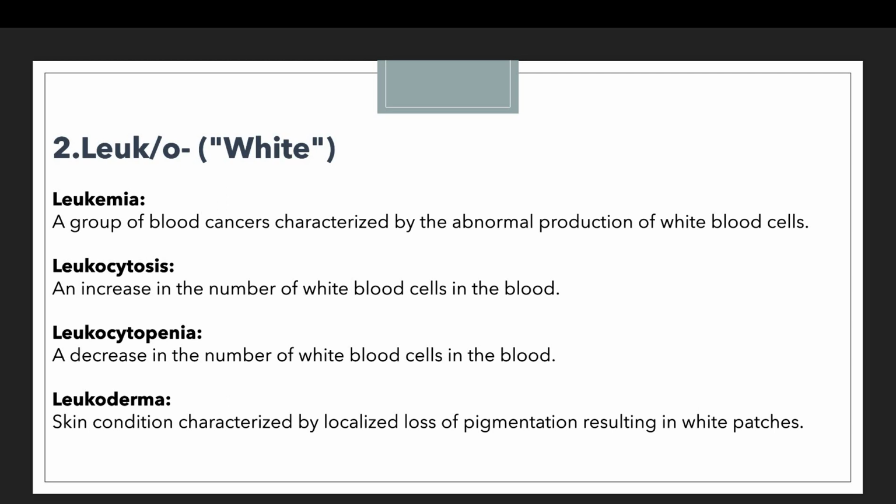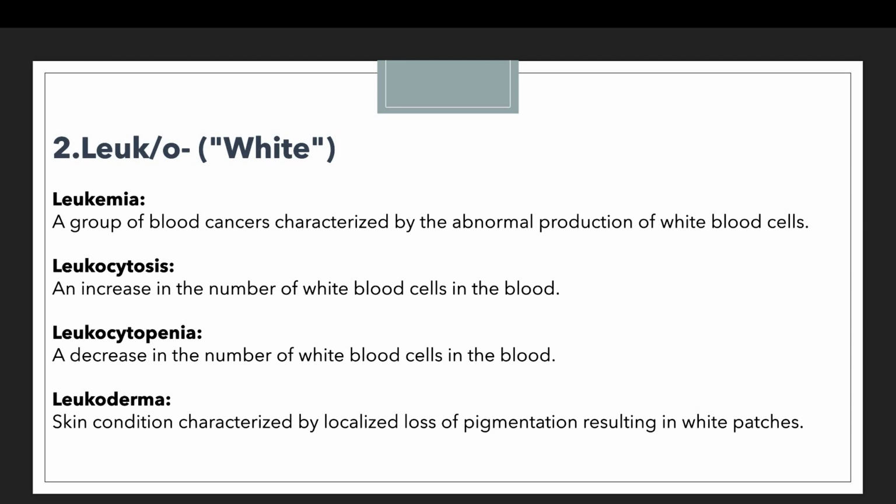Then we have leukocytosis. Now what is leukocytosis? An increase in the number of white blood cells in the body. So whenever a patient suffers from leukocytosis, the number of white blood cells is increased in her or his body. Okay, so this is the thing we will denote with the prefix leuco, which is combined with the complete terminology leukocytosis.